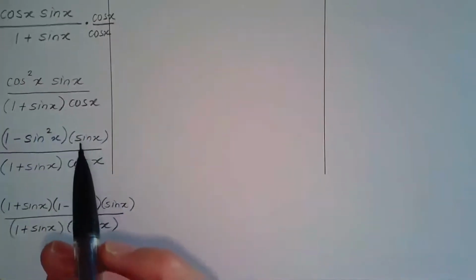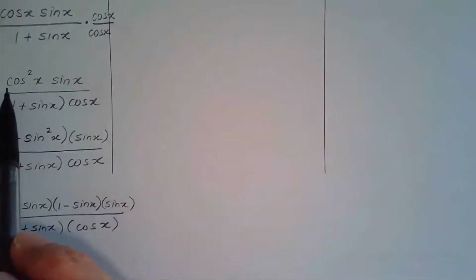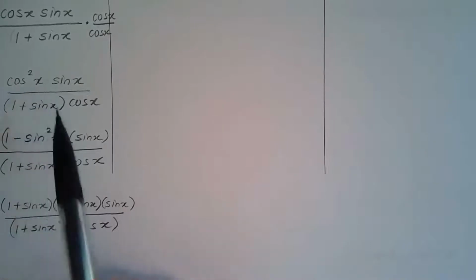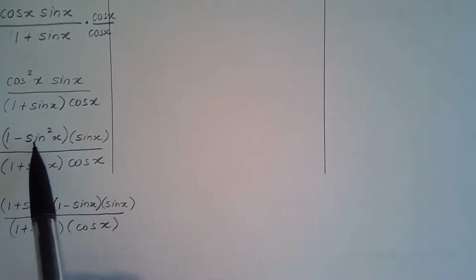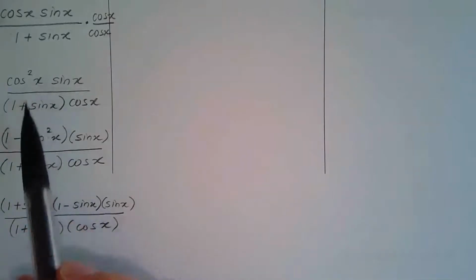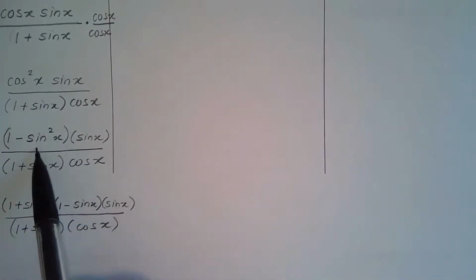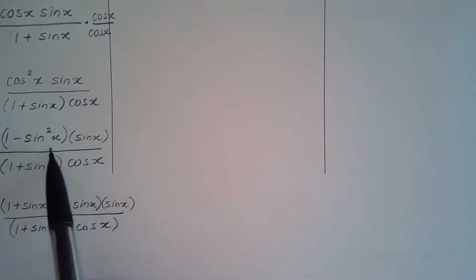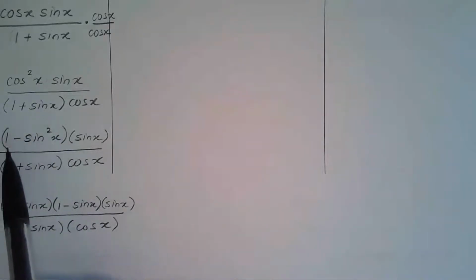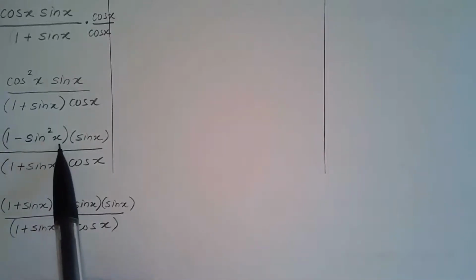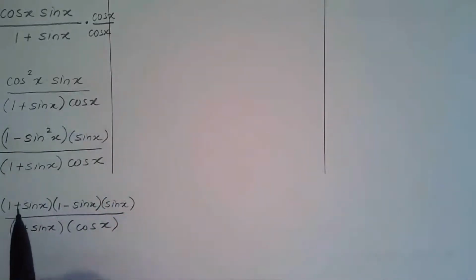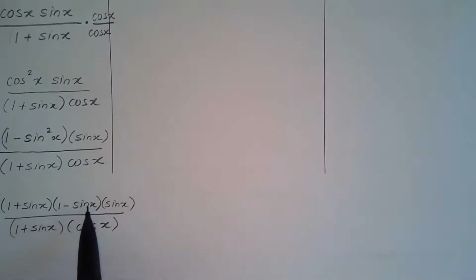And then, because this is a cos squared of x, we changed it into 1 minus sine squared of x, which is a trig identity, times sine of x divided by that. And then here, we realize, hey, this is a difference of perfect squares. So 1 minus sine squared of x, we can write as 1 plus sine of x times 1 minus sine of x.